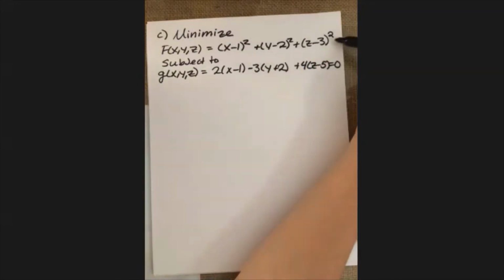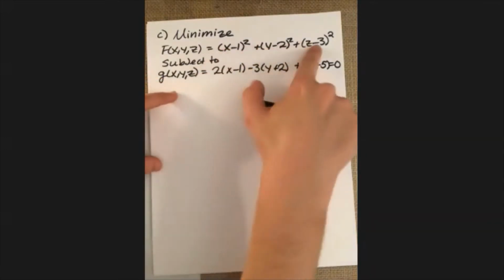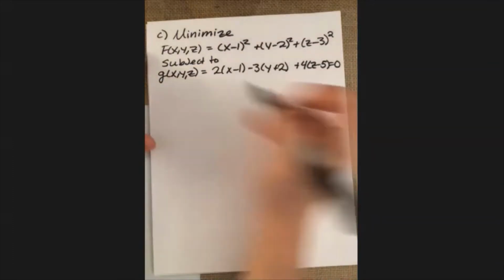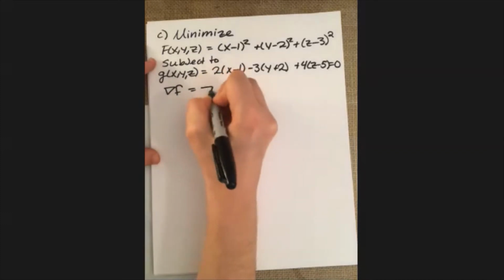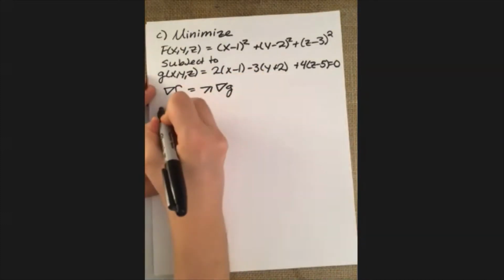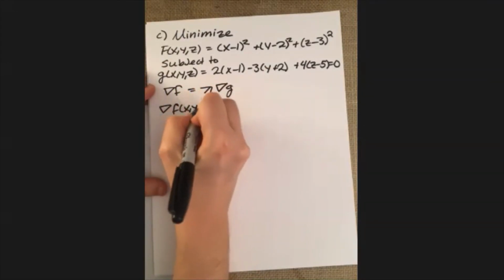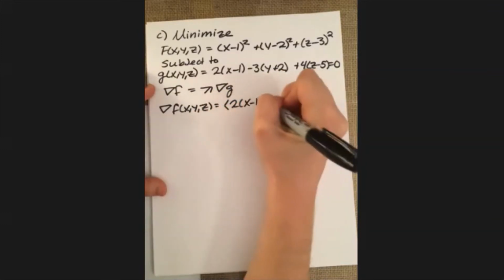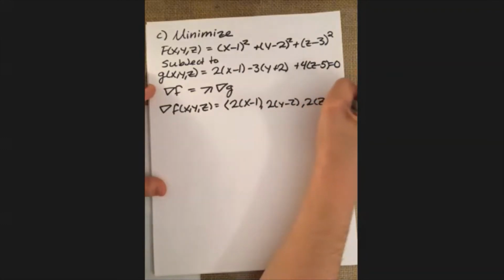So this is what we're minimizing, constrained to our final point x, y, and z winding up on this plane. Lagrange multipliers tells us that the gradient of f has to be equal to lambda times the gradient of g. So the gradient of f is going to be 2 times (x minus 1), 2 times (y minus 2), and 2 times (z minus 3).